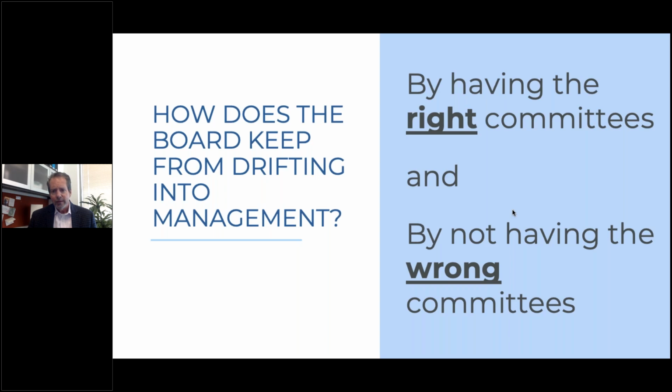And if you do that, then you're creating an environment where the board feels like they can begin to intervene and interact directly with your program staff. And that's where the conflict comes in. Suddenly a board is not doing board work anymore. Now it's doing management work, which is the CEO or the president or the executive director's role. Now you've created two bosses, or the two-headed monster, so to speak.